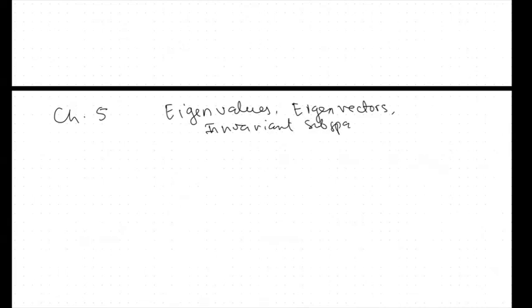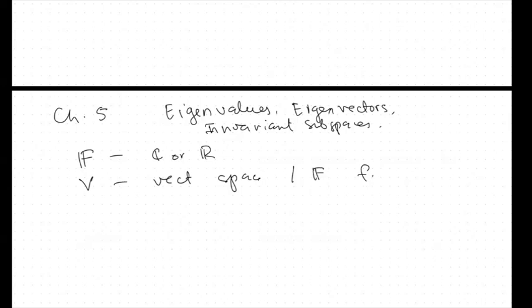So this is entitled eigenvalues, eigenvectors, and invariant subspaces. For the notation, F here is just C or R, and V is a vector space over F, finite dimensional, unless it's stated that it's not finite dimensional.